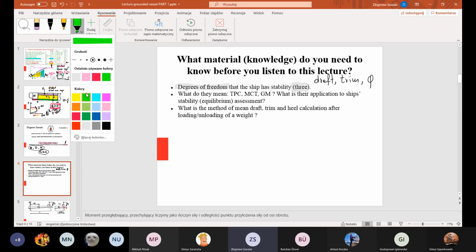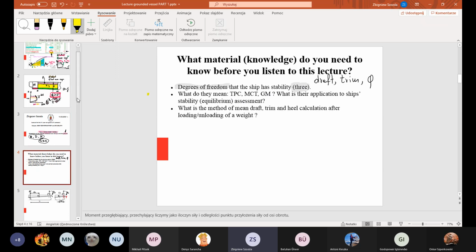Okay. The next set of information is what does it mean TPC, what does it mean MCT, and what is GM, and what is the application to ship stability assessment. If we calculate ship stability, what TPC, MCT, and GM may be used for. And let us start with TPC.